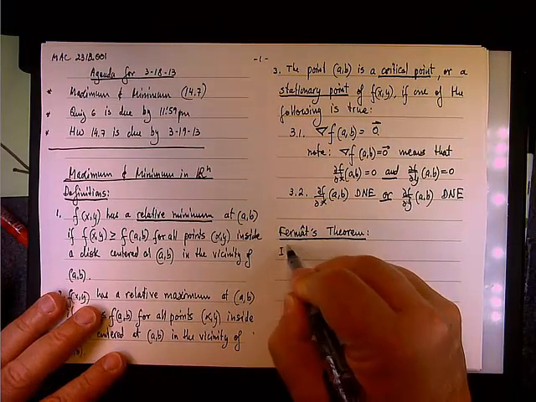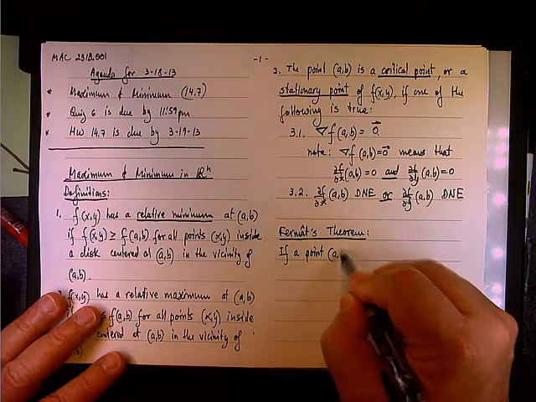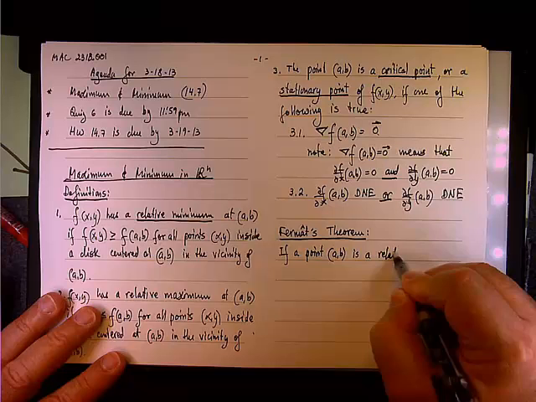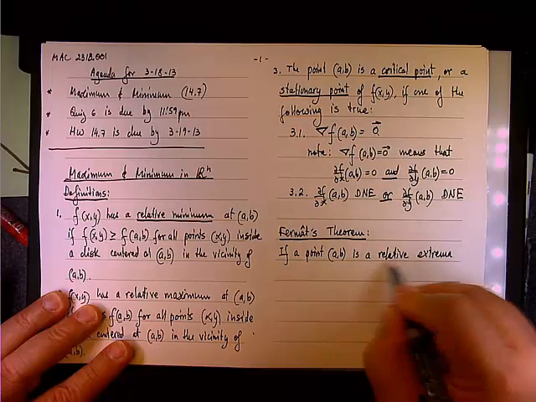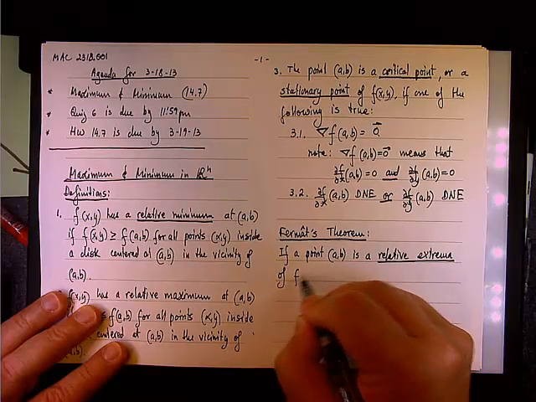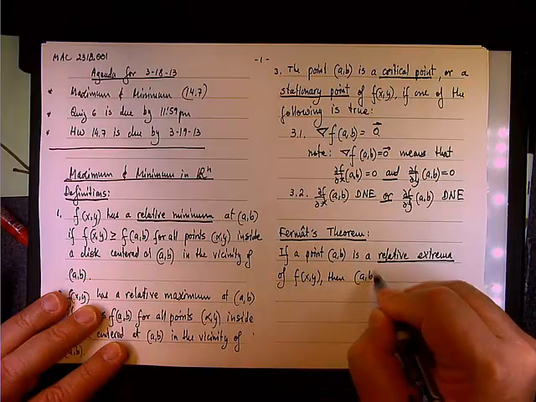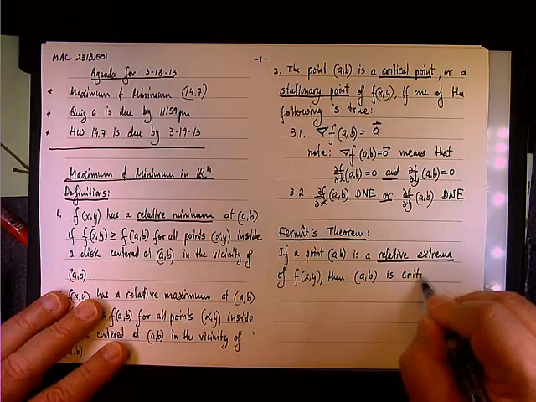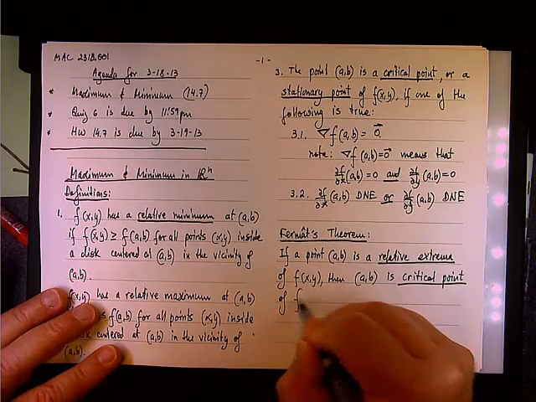We're going to say that if a point a, b, again I'm using the two variable set, is a relative extrema of f of x, y, then a, b is a critical point of f of x, y.